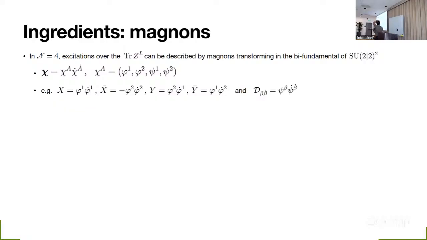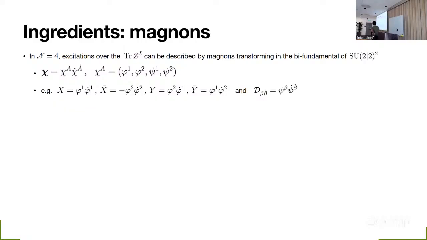So you can write each diagonal as a linear combination of chi a dot, where these magnons can have four flavors, and I call them phi one, phi two, psi one, psi two, and for example, the exchange of fields is represented by these magnons in this way that I am showing.